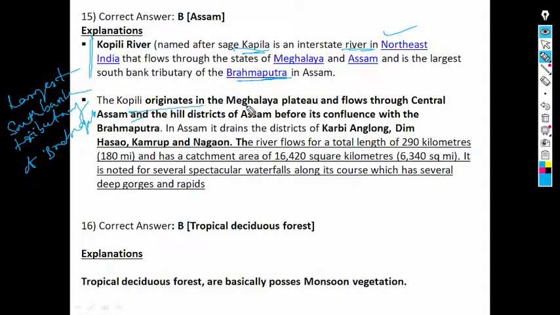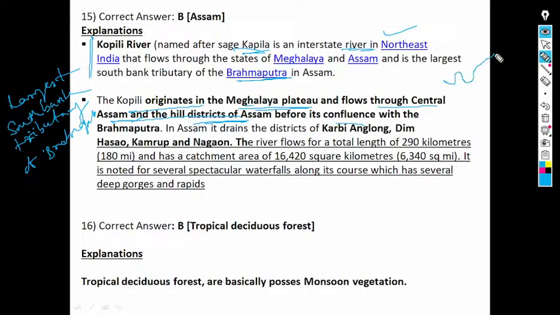Kopili originates in the Meghalaya plateau and flows through central Assam and hill districts of Assam, before its confluence with the Brahmaputra.